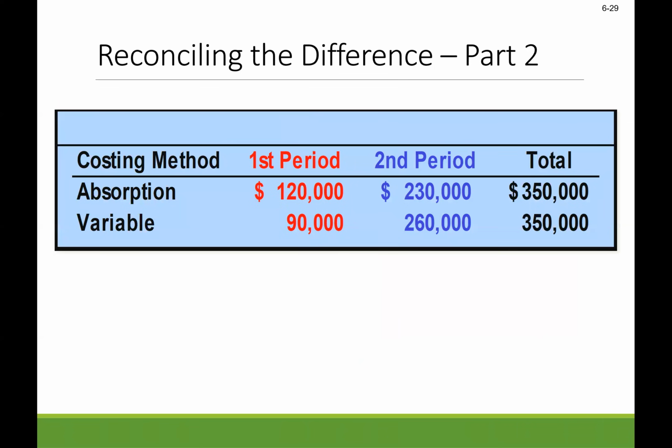In period 1, under absorption, we had 120. Period 2, we had 230. Ultimately, guys, it's going to be over the total period the same amount. It's just accounting for them differently between the periods.